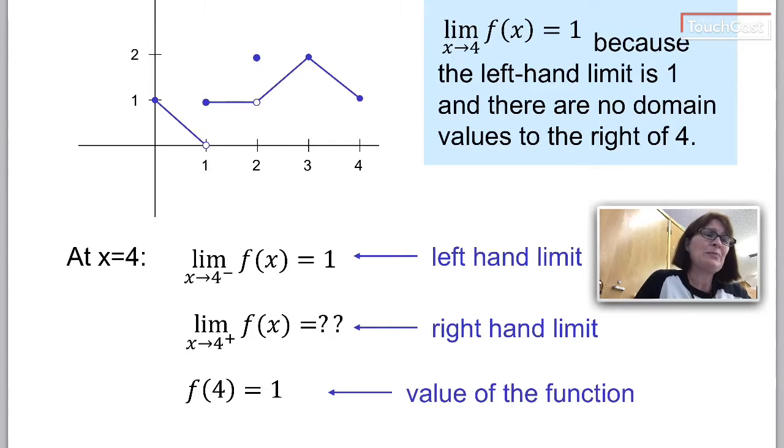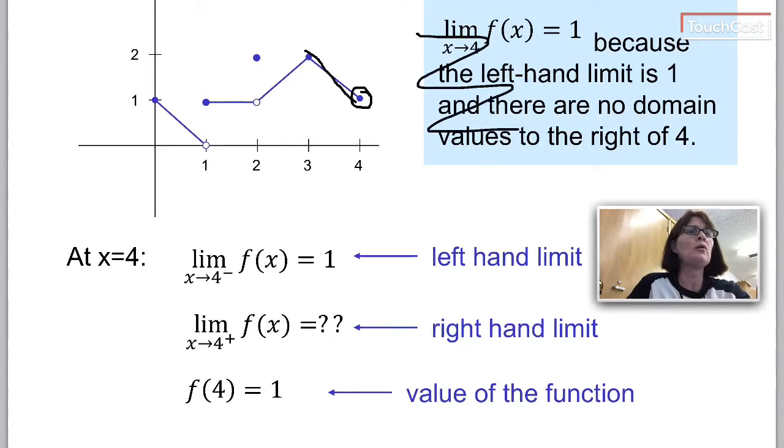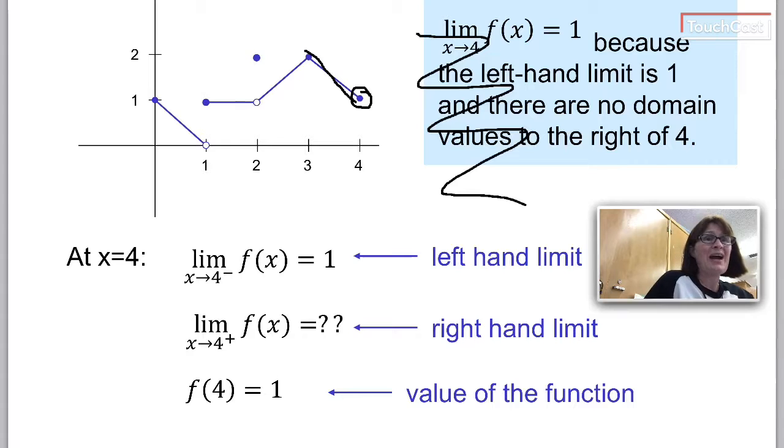So you can probably guess that at the place where x equals 4, it's the left-hand limit that I can figure out. I can walk along this function from the left toward the right, and I see I was headed toward y equals 1. There are no values over here to the right of x equals 4 for me to walk along, so I don't have to worry about the fact that I can't tell what the right-hand limit is.